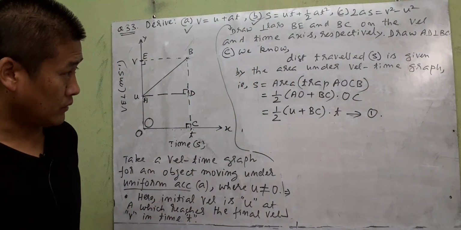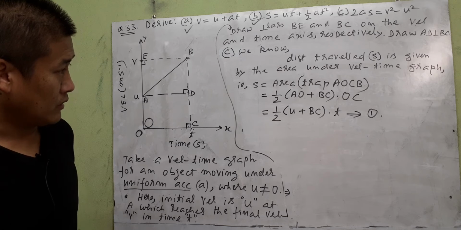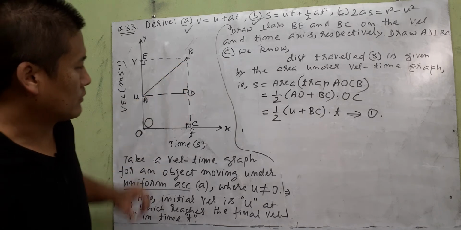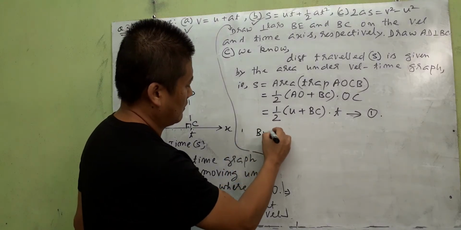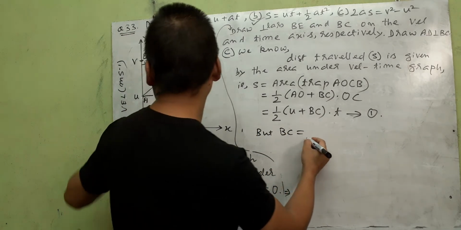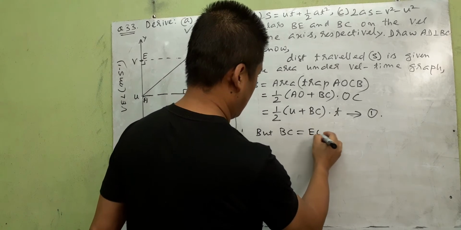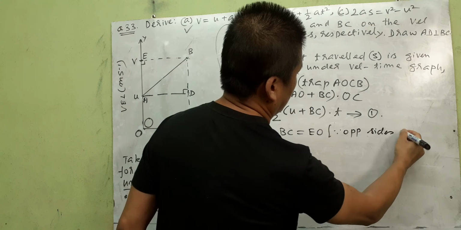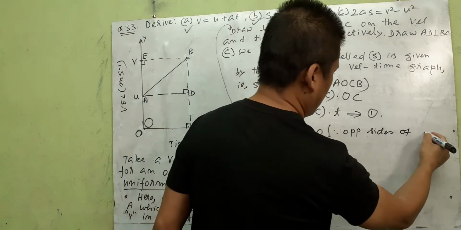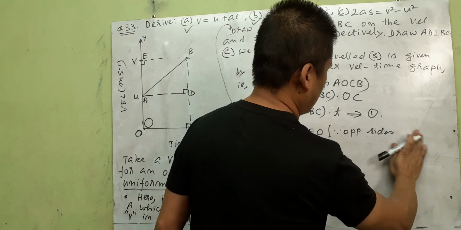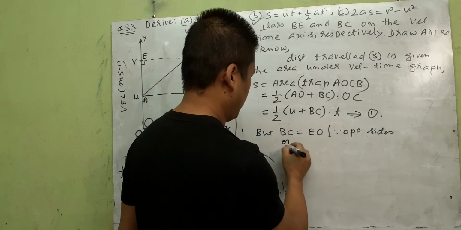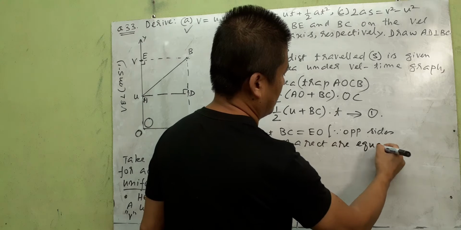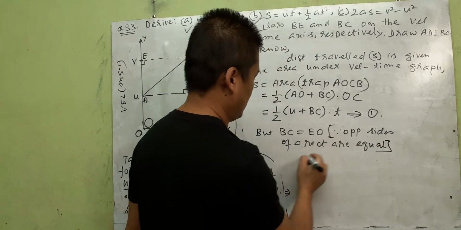Then we need to deal with BC. BC is equal to EO because opposite sides of a rectangle are always equal to each other.